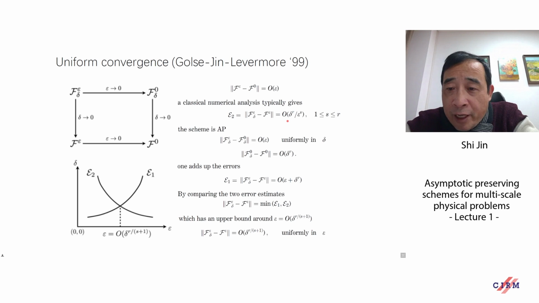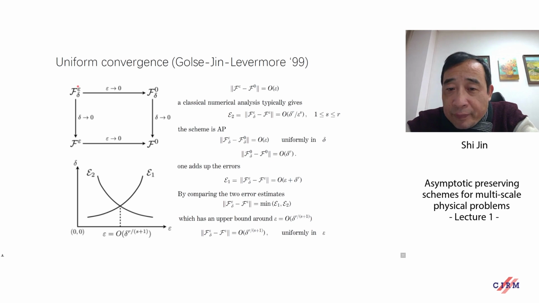Typically, suppose I have an r-th order scheme, so you have an error of O(delta to the power r). But unfortunately, I have this equation that has 1 over epsilon in front of the collision. So your error will be divided by epsilon to some power. That's very bad when delta is larger than epsilon. However, if the scheme is AP, it means that the distance between this and that is O(epsilon), but uniform in delta.